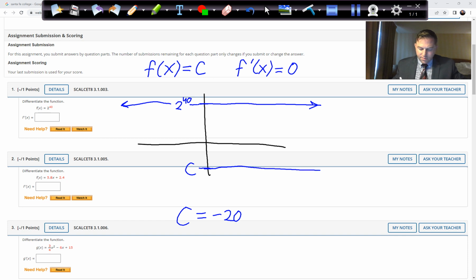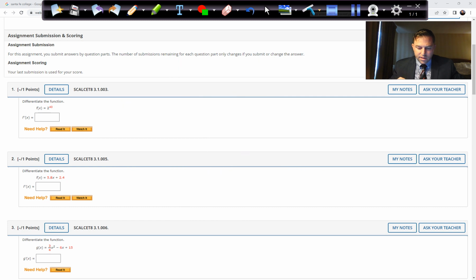Then we have a horizontal line at negative 20. Well, the slope of these tangent lines at any point is 0. So I can pick any tangent line I want. Slope is 0, slope is 0. Tangent line here, slope is 0. Pick the tangent line here, the slope is 0. So the derivative is the slope of the tangent line, so these are all going to be zeros. So that's the first one we have: for any constant, any number, the derivative is 0.